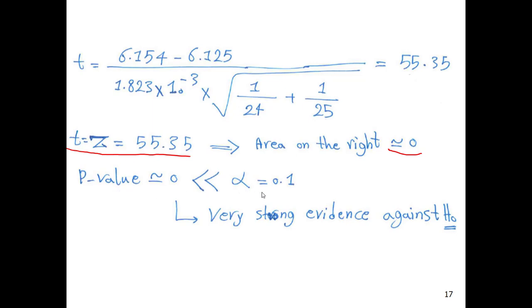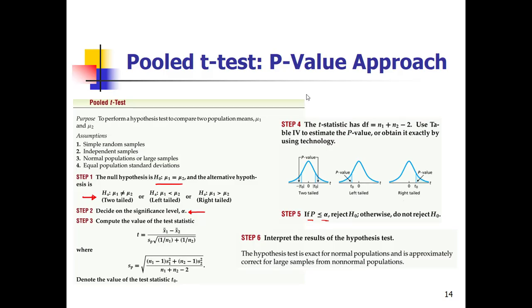My p-value is almost 0, which is much smaller than 0.01, and even smaller than 0.001. It's a very small value; 0 is smaller than both alpha and this value. So it is smaller than alpha, it means, let's go to this table.